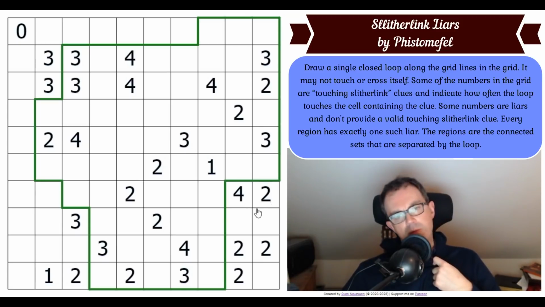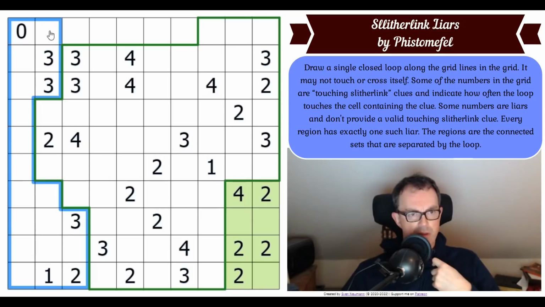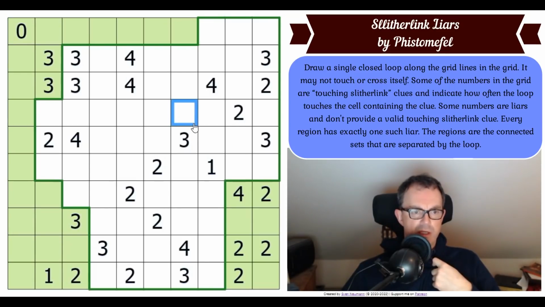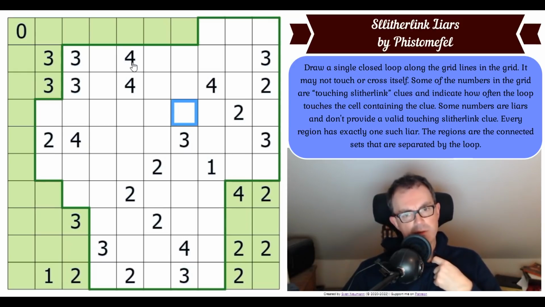And then I think what we'd be telling ourselves is that out here these clues would include one liar exactly, and these clues would be just one liar as well. So actually there probably aren't millions and millions of lying clues in this puzzle.